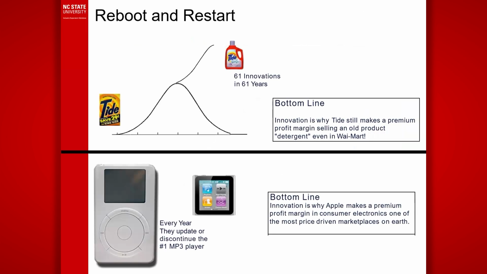But it doesn't always have to be technology. Procter & Gamble, which makes Tide, claims that they've had 61 innovations in 61 years with Tide. I feel certain that some of this is not the product, although the product has changed. It went from a powder to a liquid, to pods, and to Tide on a stick.